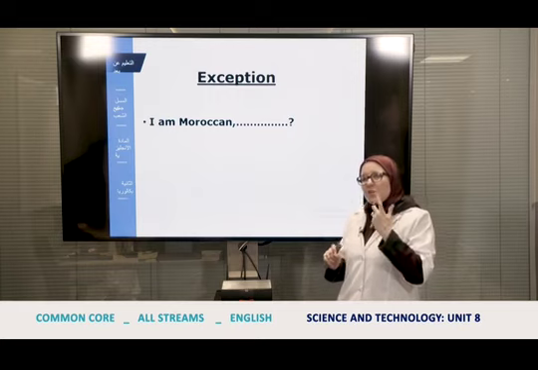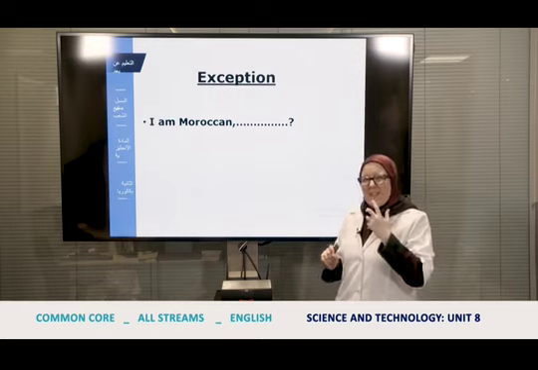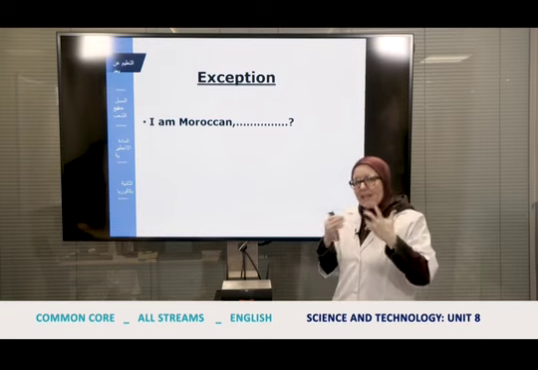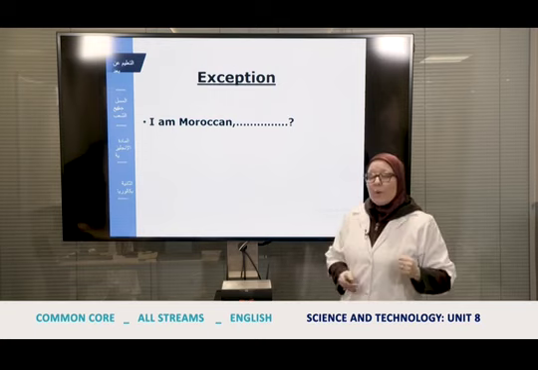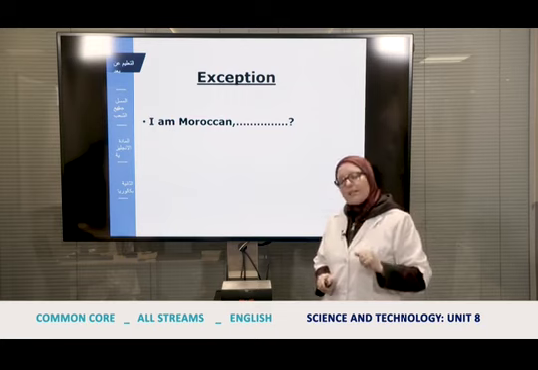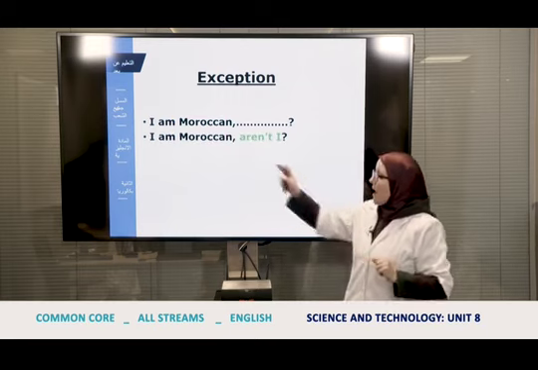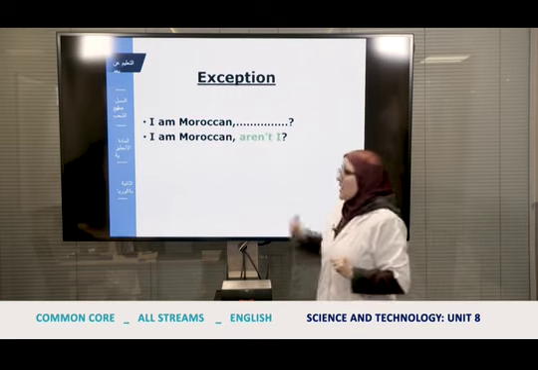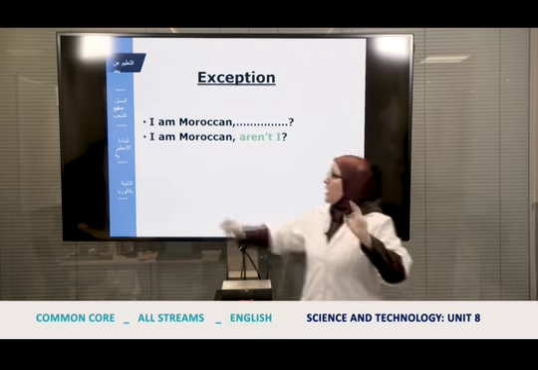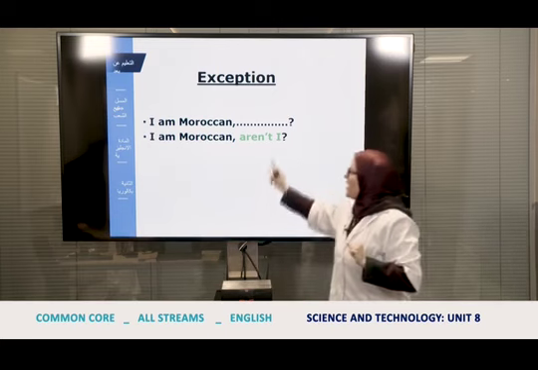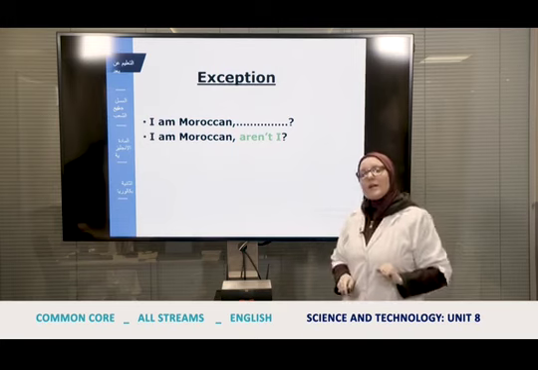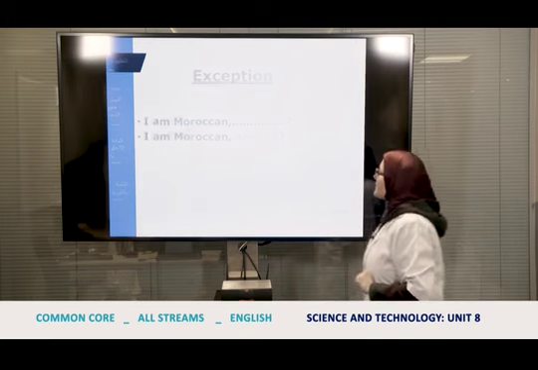But it sounds awkward, very heavy. We cannot say it easily, you see? That's why it's considered an exception. So we say I am Moroccan, aren't I? So whenever you have I am, it becomes aren't I. So here comes the time for the practice.